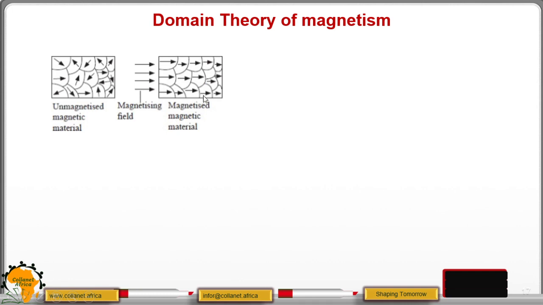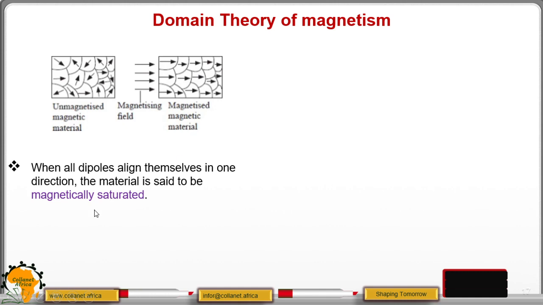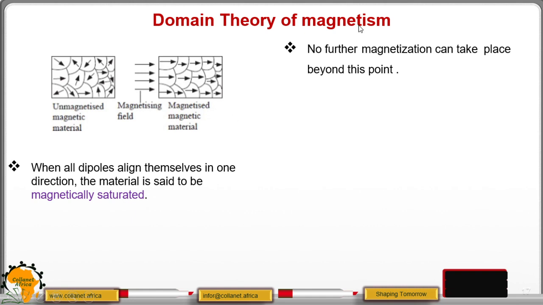And when all the dipoles are facing in one direction, we say that that material has attained what we call magnetic saturation. That is, when all the dipoles align themselves in one direction, the material is said to be magnetically saturated, and therefore no further magnetization can take place beyond this point.